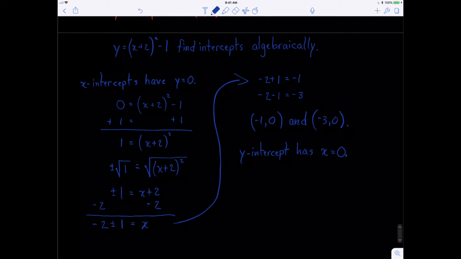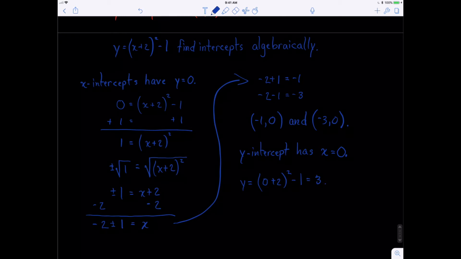So let's try this. Now I have y equals 0 plus 2 squared minus 1. We can do this really easily. 0 plus 2, that's 2, and we square it to get 4. Subtract 1, and we get 3.